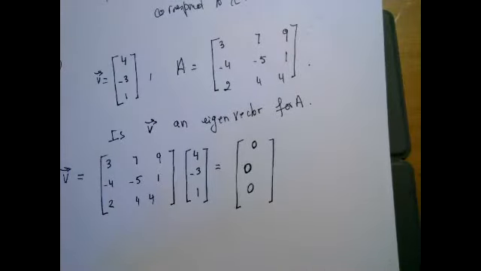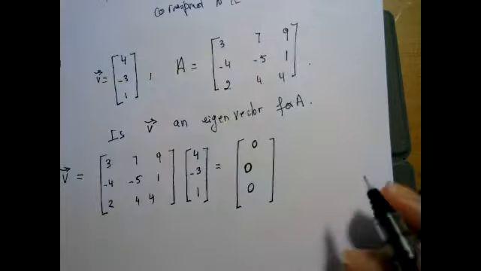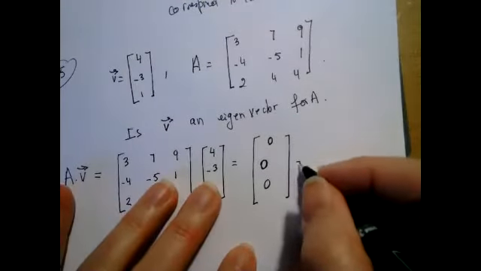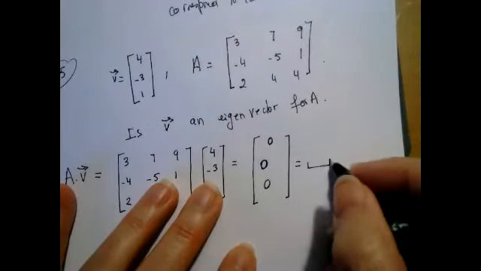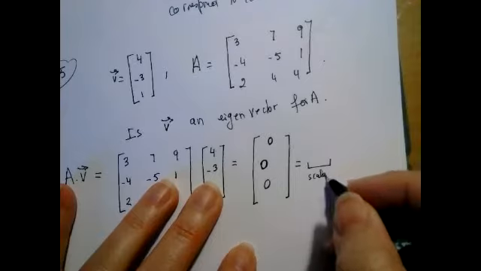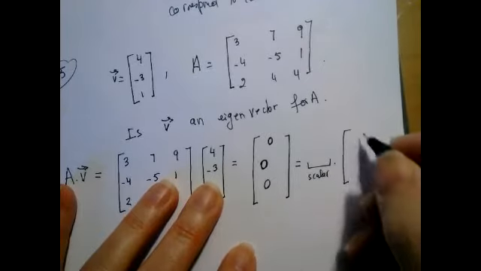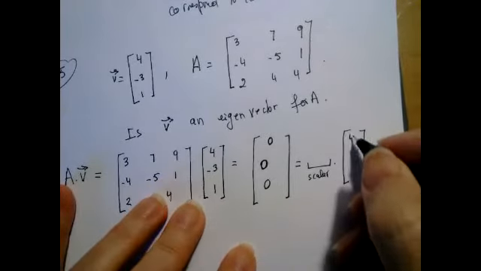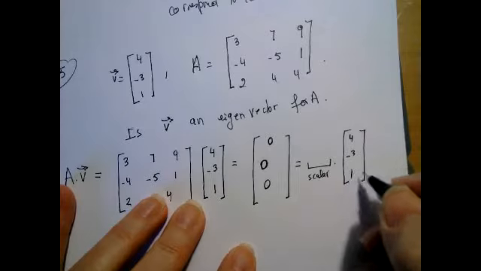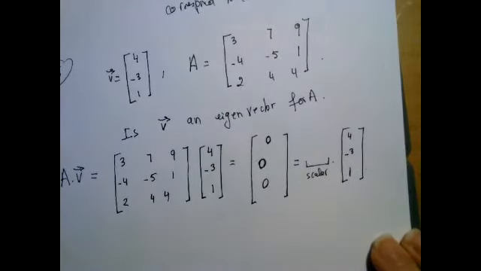Now the question is, is this an eigenvector? In other words, can I write this as a scalar times the vector V? Yes or no?